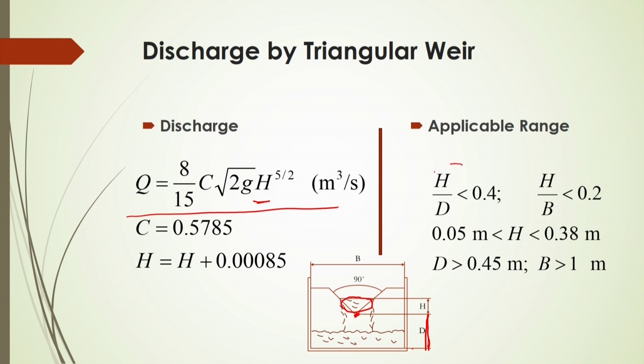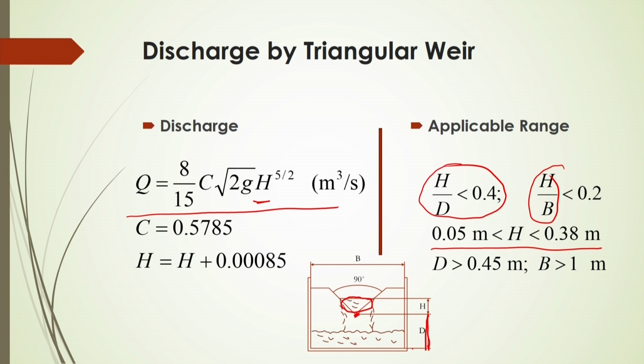So, in that case H by D should be equal to 0.4, and H by B should be less than 0.2, and H, that is the water height in the weir, will be within the range of 0.5 to 0.38, and D should be greater than 0.45, and B will be greater than 1 meter.